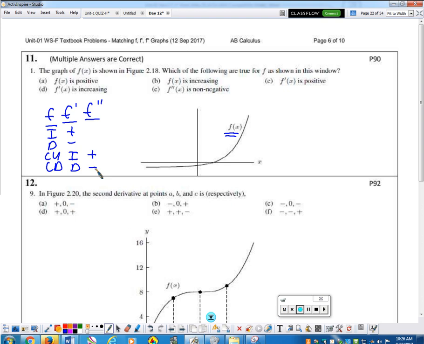Let's move on from it tonight. Okay, the slope is decreasing, so that means it's concave down. It's positive and concave down.